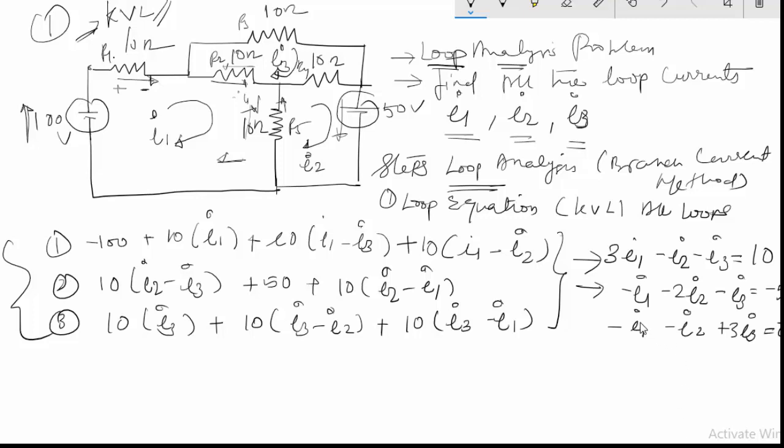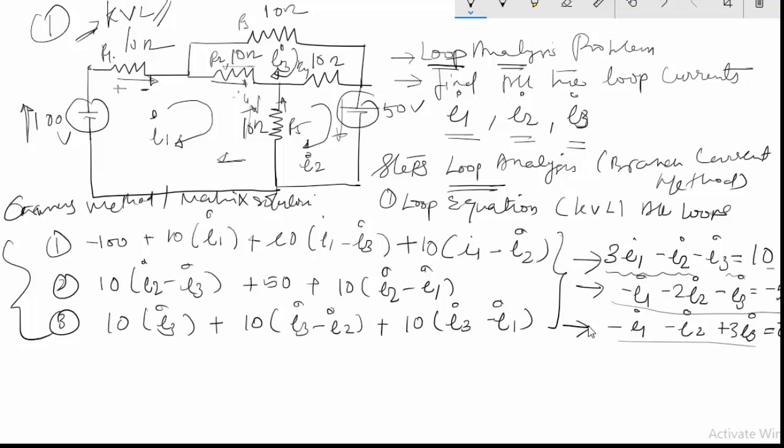When I simplify the first equation, it can be reduced to 3I1 minus I2 minus I3 equal to 10, and the other equations can be simplified in the same way. So that's how I have got three equations, and now it's possible to solve them using Cramer's method or a matrix solution. So that's one way.